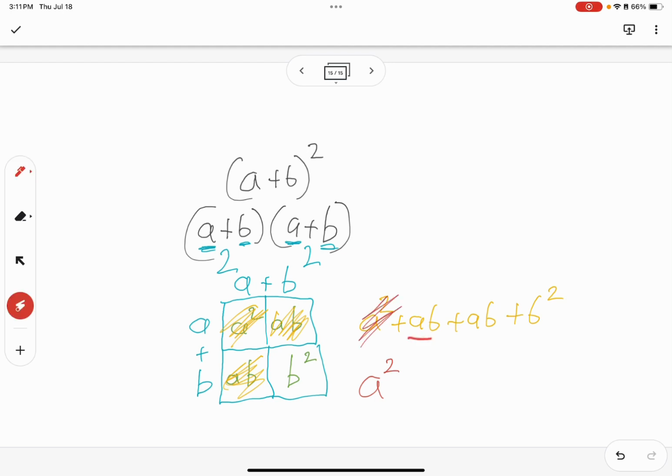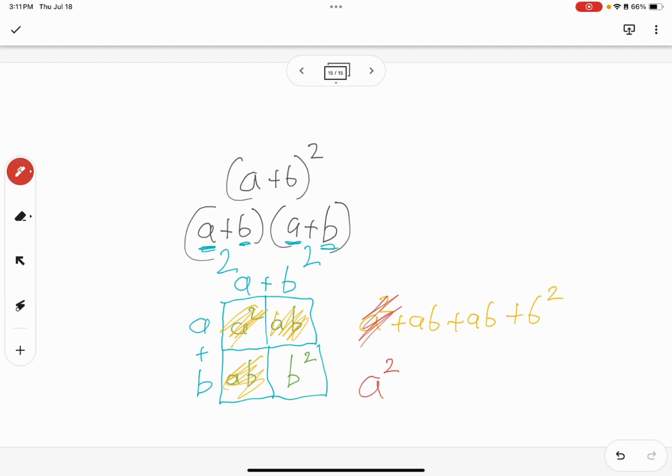Then my next one is AB. Any other terms with AB in it? Yes. Again, why did we write this in alphabetical order? Because if I had BA, I might not realize that BA is the same thing as AB, so I would have possibly not thought they were like terms. So when we write them in alphabetical order, it helps us recognize, oh, AB and AB, that's the same thing.